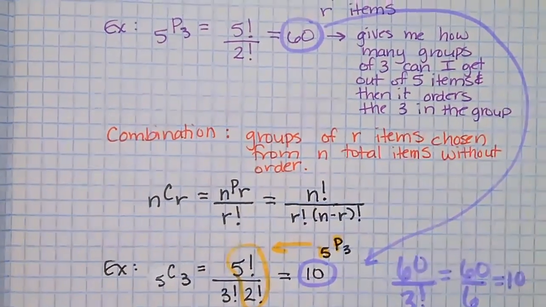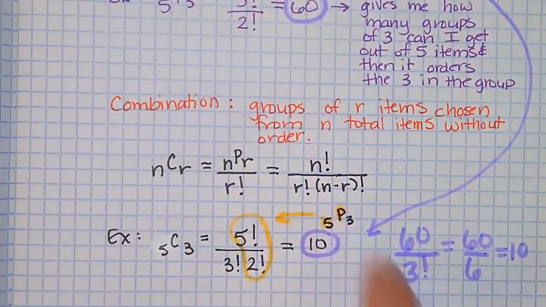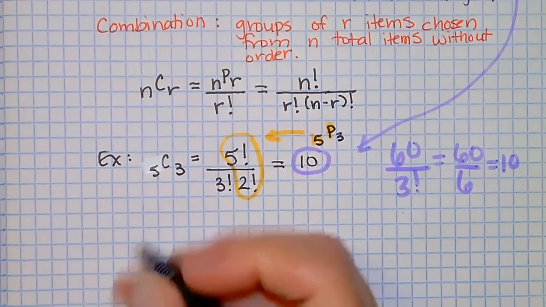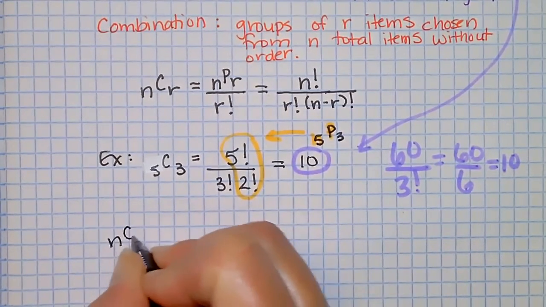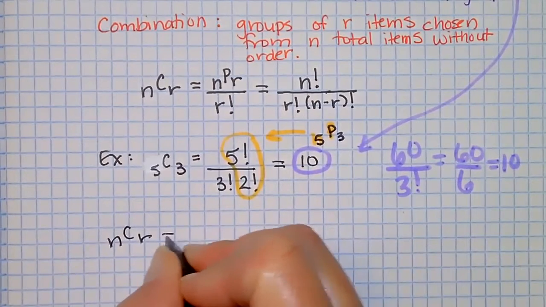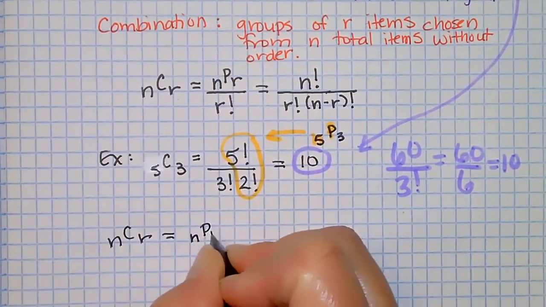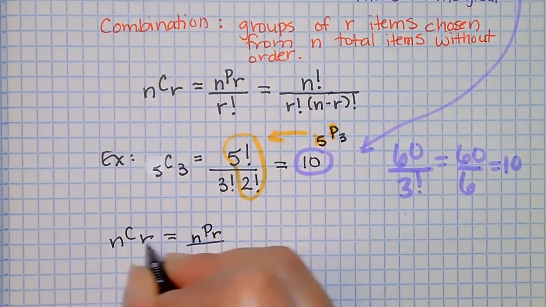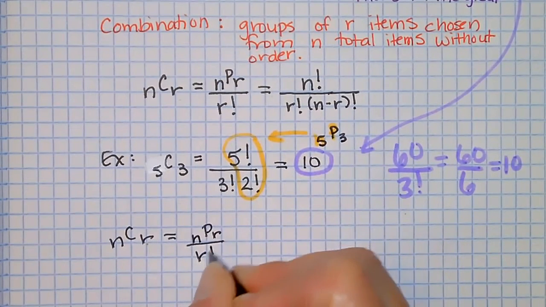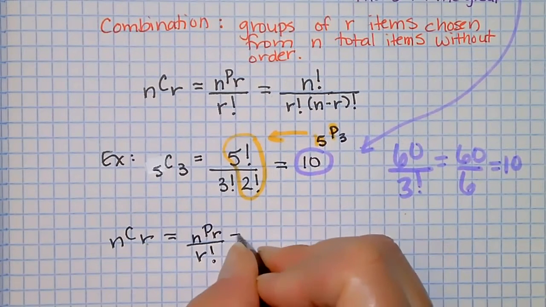Now I'm going to write this formula also in another form. So n choose r, again, is equal to my permutation of the same number of total items and the same number of items I'm picking, over r factorial, the number of items in the group. I'm taking out their order.